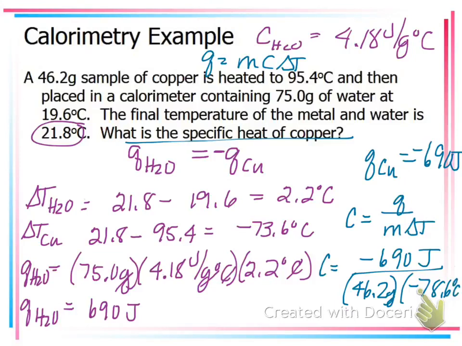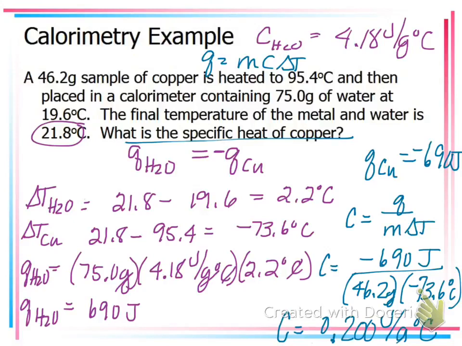Not 78, 73, sorry. So when I do all that math, my negatives cancel each other. Here's a clue: if you ever get a negative value for specific heat, you did it wrong. You can't have a negative value for specific heat. It comes out to 0.200 joules per gram degrees C.